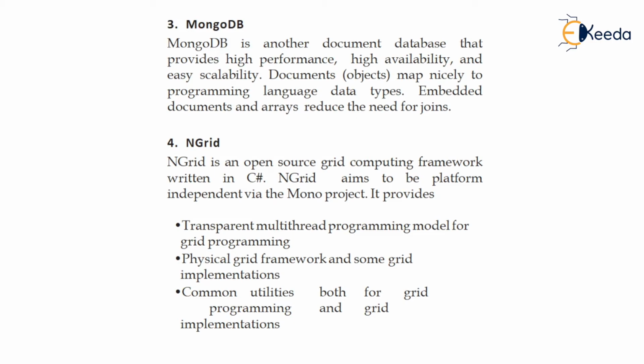ngrid.core is not tied to any particular grid. By implementing the grid services, ngrid.core could be connected to any physical grid. ngrid.core provides a grid garbage collected, that is GC, model. In other words, objects are created and live in the grid.